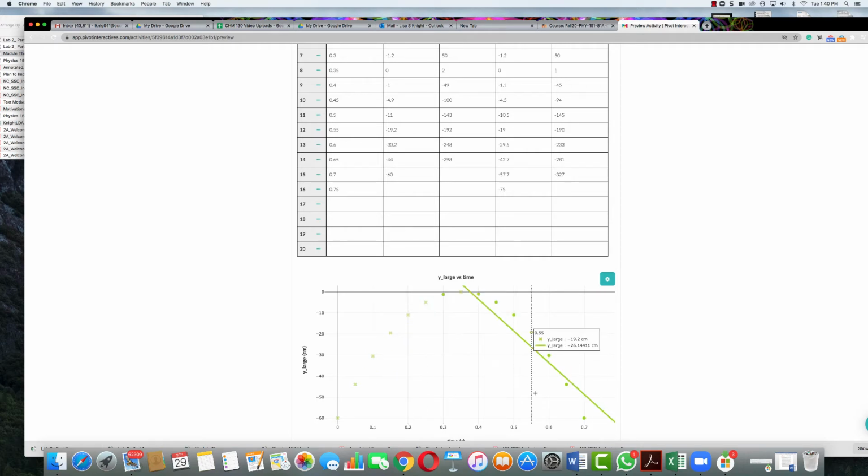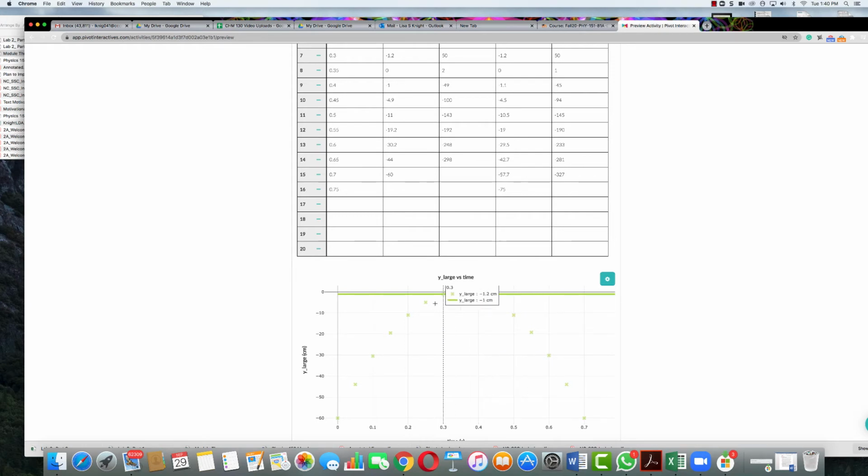And if I keep just clicking on them like so, you see I start to approach finding the slope at every instant.